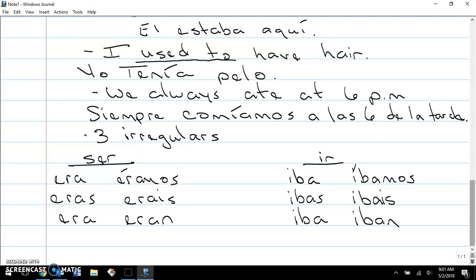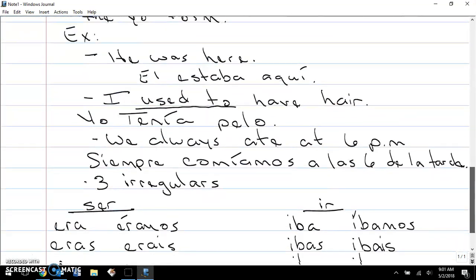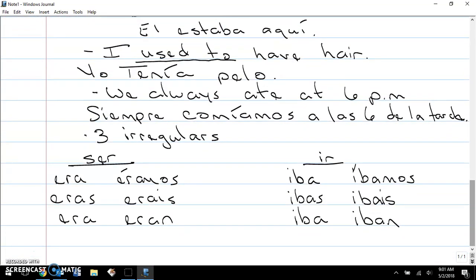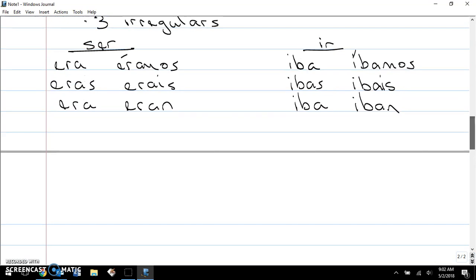And then ir, if you look at the endings, here you just have an IB followed by the AR endings. IB, AS, IB, A, IB, AMOS, IB, AIS. You get the idea. So while they are irregulars, you can make some sense out of them.